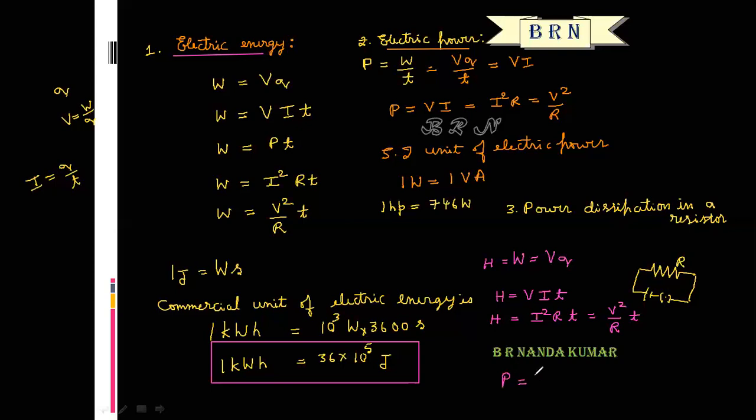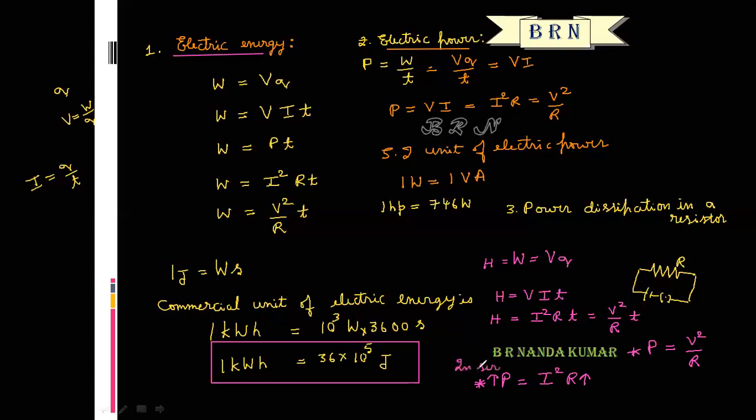In series combination, the power loss is P is equal to I square R. In parallel combination, the power loss is P is equal to V square divided by R. So in series combination, I is constant, so power loss is directly proportional to resistance. In series combination of resistors, higher resistance dissipates more power because here I is constant.